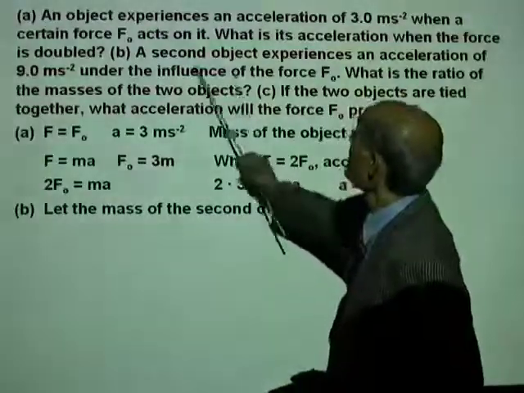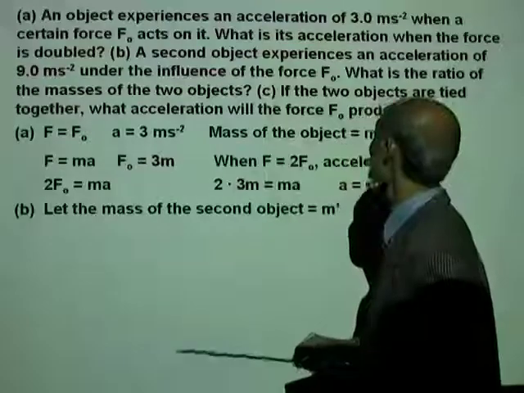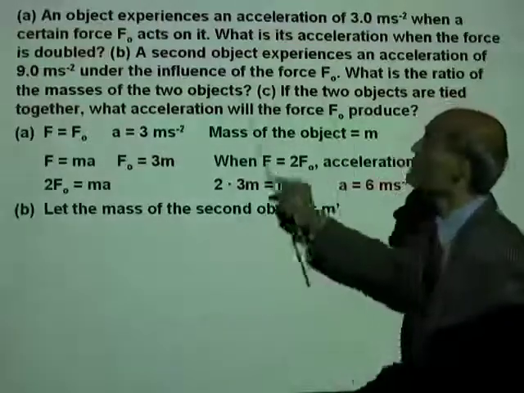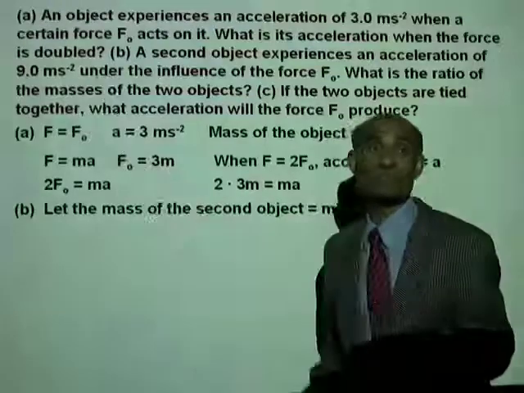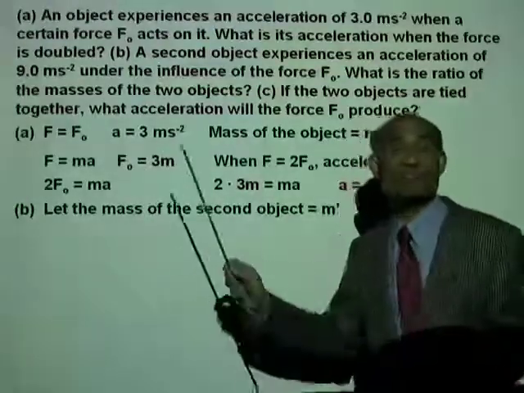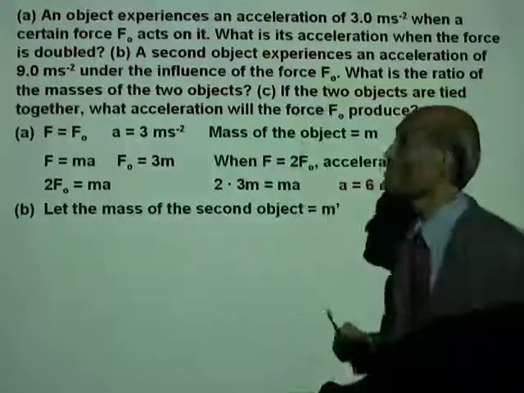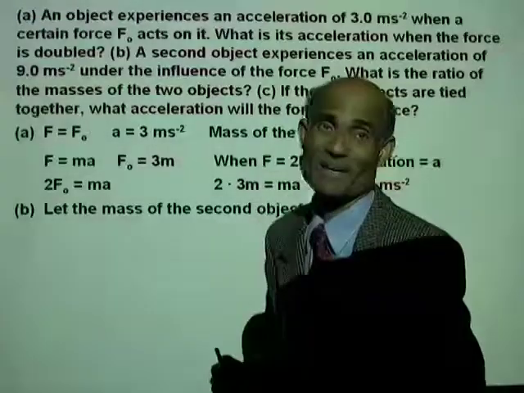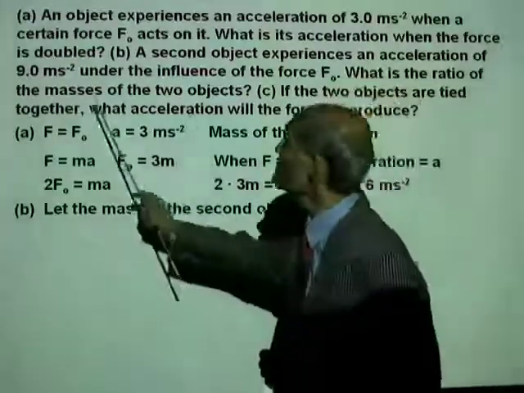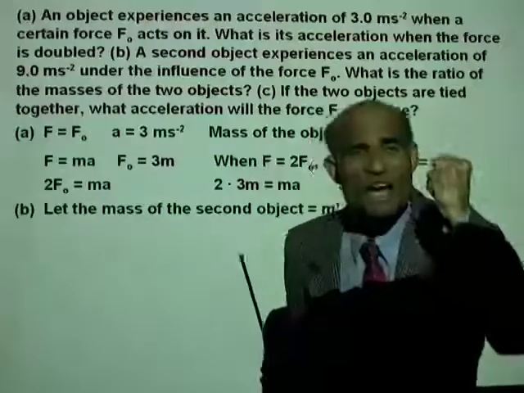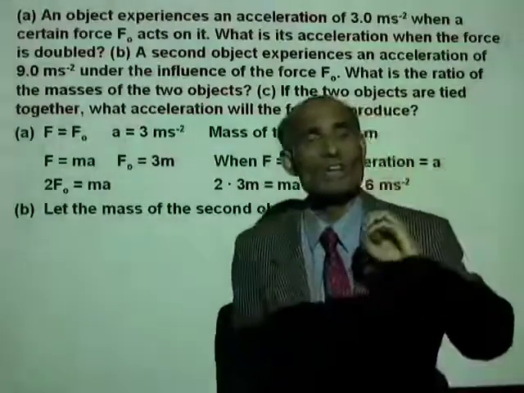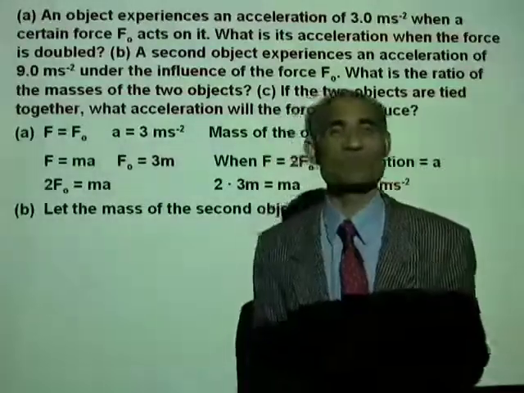B. A second object experiences an acceleration of 9 meters per second squared under the influence of the same force F0. Now tell me, is this second mass greater than or smaller than the first mass?